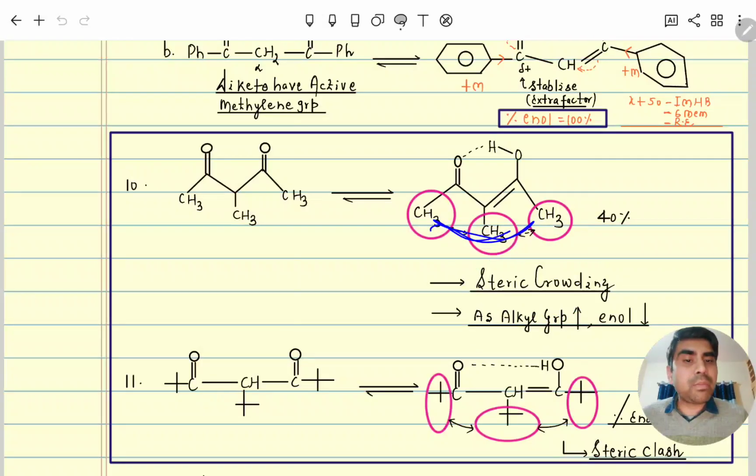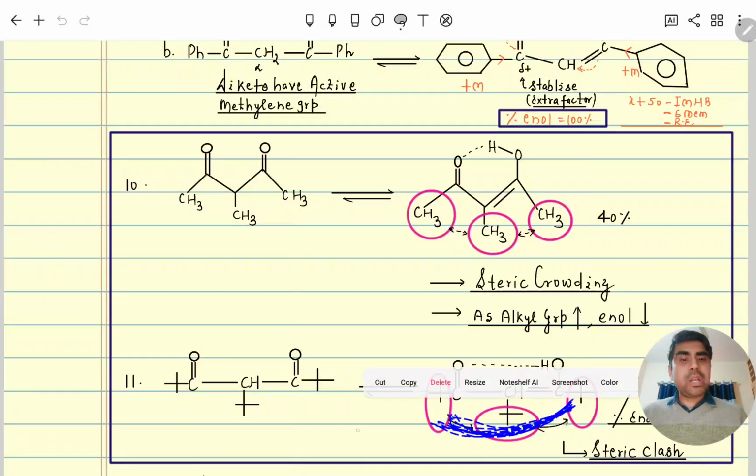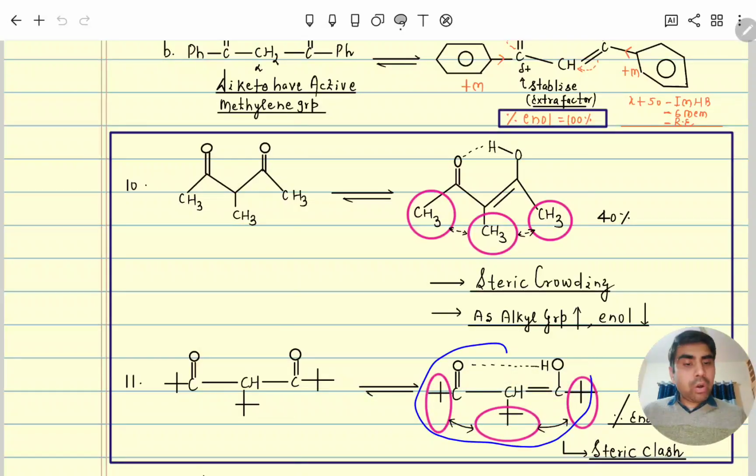It is unstable, repulsion is happening. So the enol percentage is 40, and 60 percent is keto. If more bulky groups are there, then there is very high steric repulsion, too much steric hindrance, and enol formation is not possible at all, even though it is a 1,3 diketo system, even in the gaseous phase.